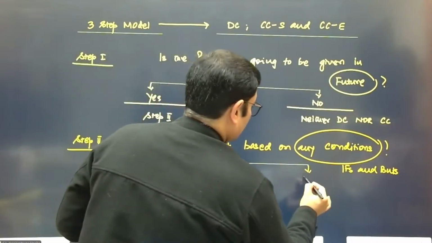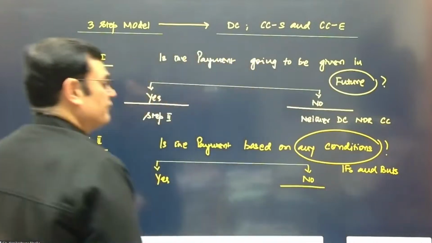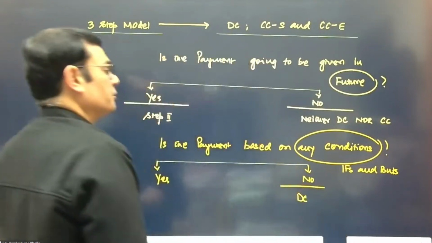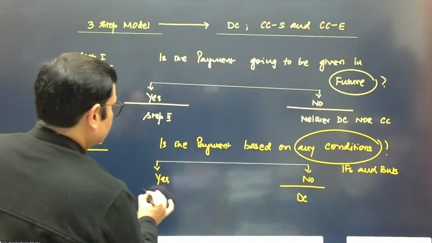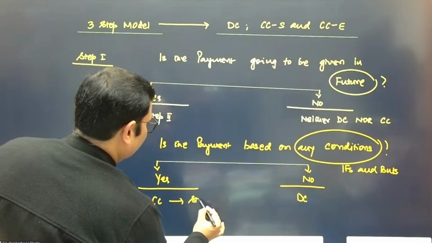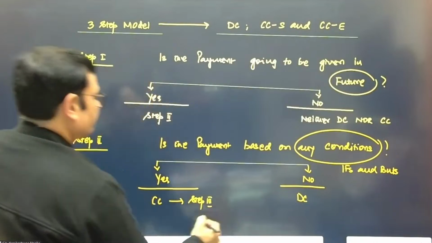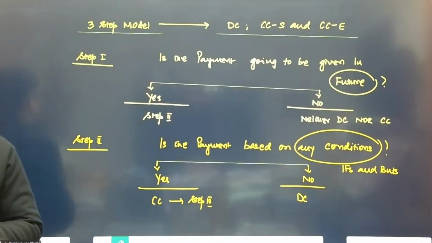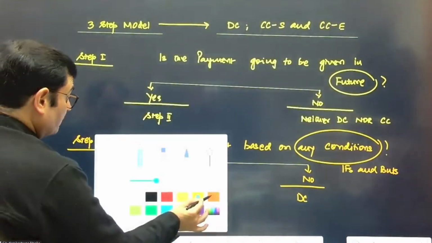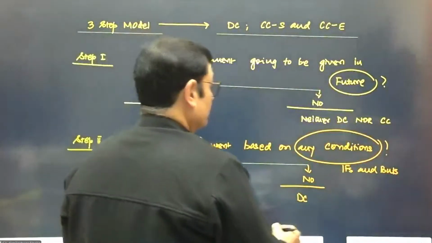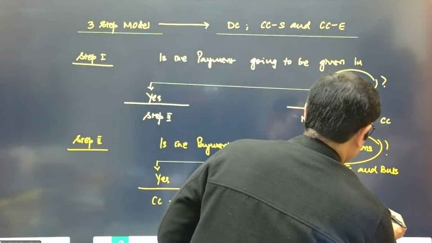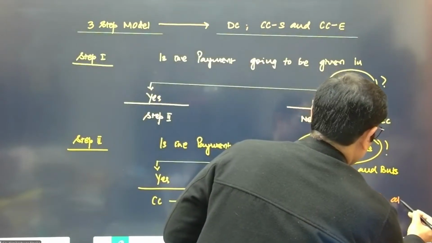So if you say no, it's not based on ifs and buts, then I can definitely say it is a deferred consideration. And if you say yes, I can definitely say it is contingent consideration, and I will go to step number 3 as well. Because now we need to decide the capacity as well. So when it is a deferred consideration, we can say it's a part of PC at fair value.